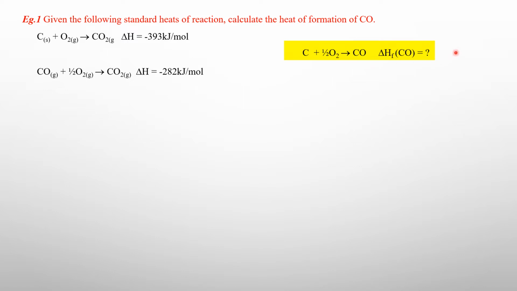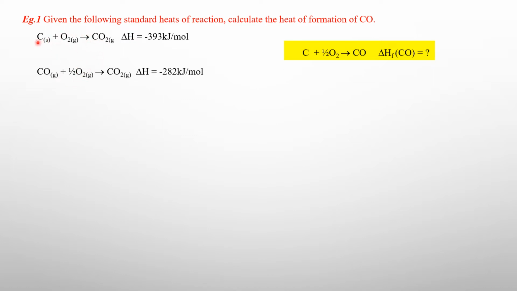To do that, we look at item by item. In our equation whose enthalpy we are finding, we want carbon on the reactant side, half mole of oxygen on the reactant side, and carbon monoxide on the product side. Let's compare with these equations. Which equation has carbon?